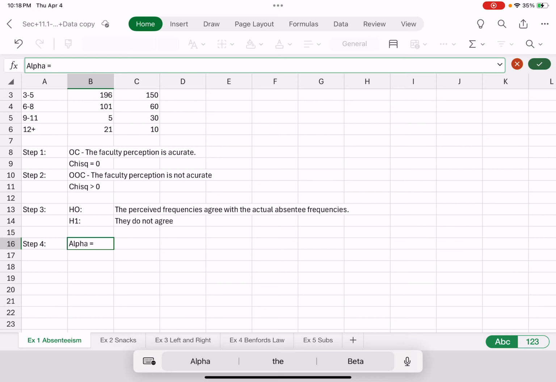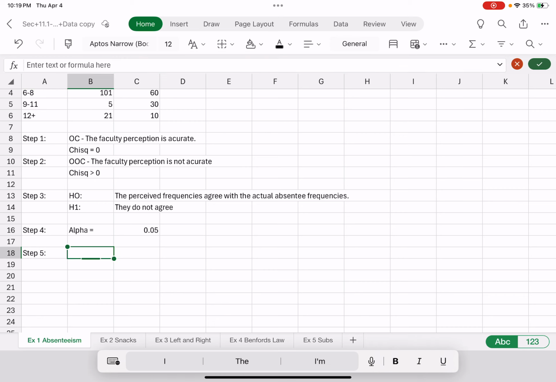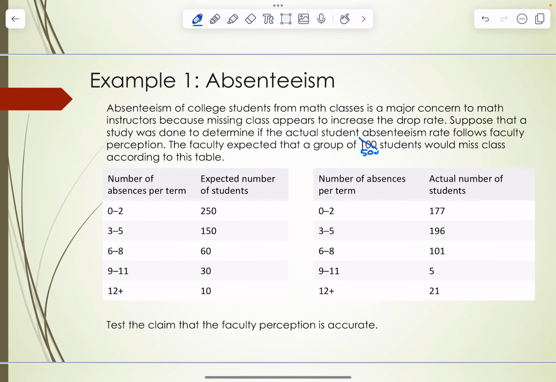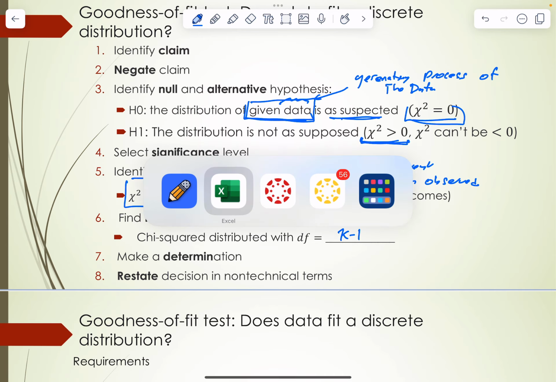So what's that going to be then? 0.05. Step 5 is the test statistic.